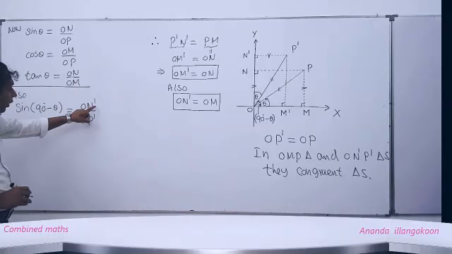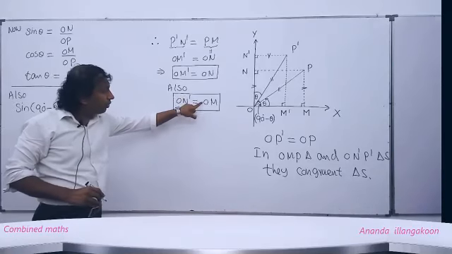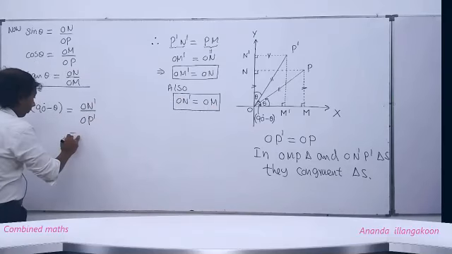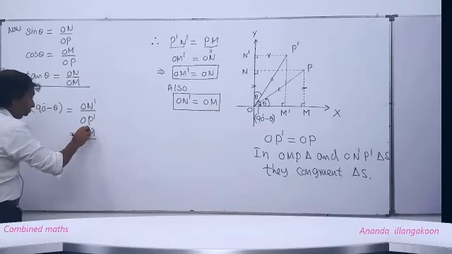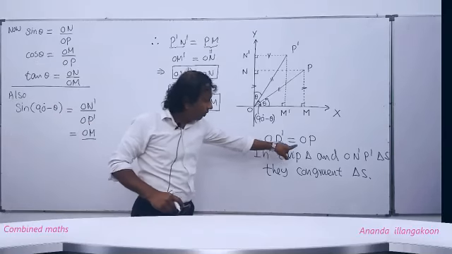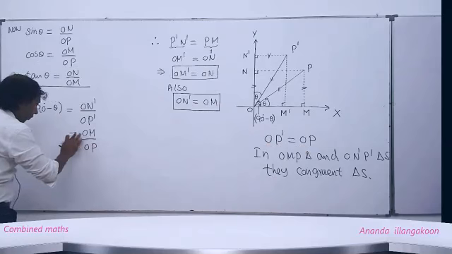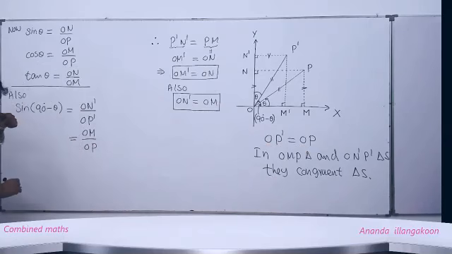People, what is this ON dash? Here, ON dash is equal to OM. Therefore, I can put OM here. OP dash is nothing but this OP. Here we have OP. Right? This is sin 90 minus theta.